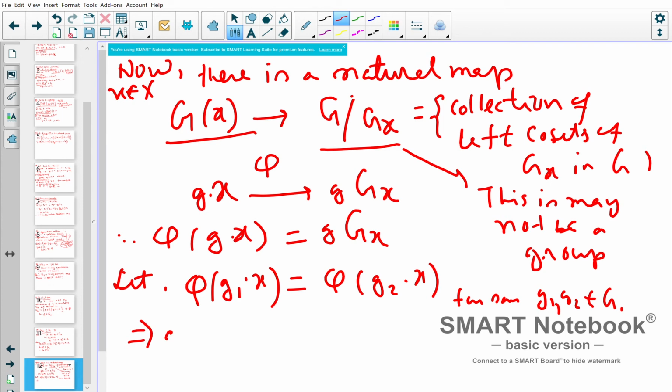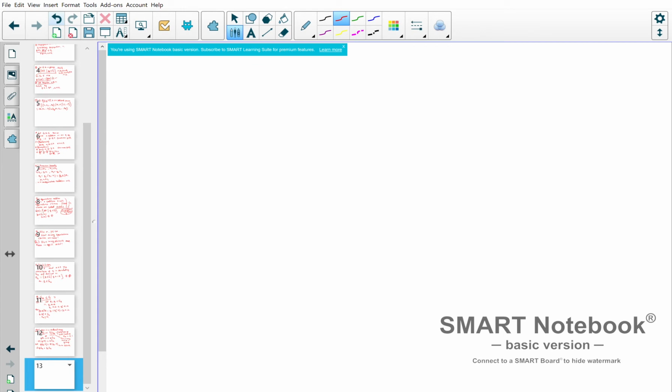That means the coset g1 gx is the same as g2 gx. Clear? So this implies g2 inverse g1 is an element of gx, because when aH equals bH, if and only if b inverse a belongs to H.